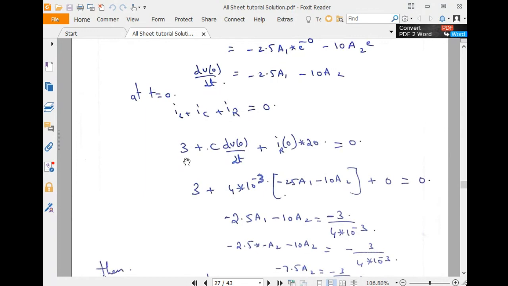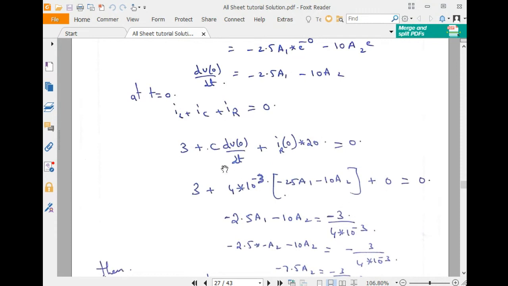Here IL is 3 you got, and C dV of 0 by dt, this is IC, plus IR equals V of 0 by R. VR is 0, that's why here it is 0.